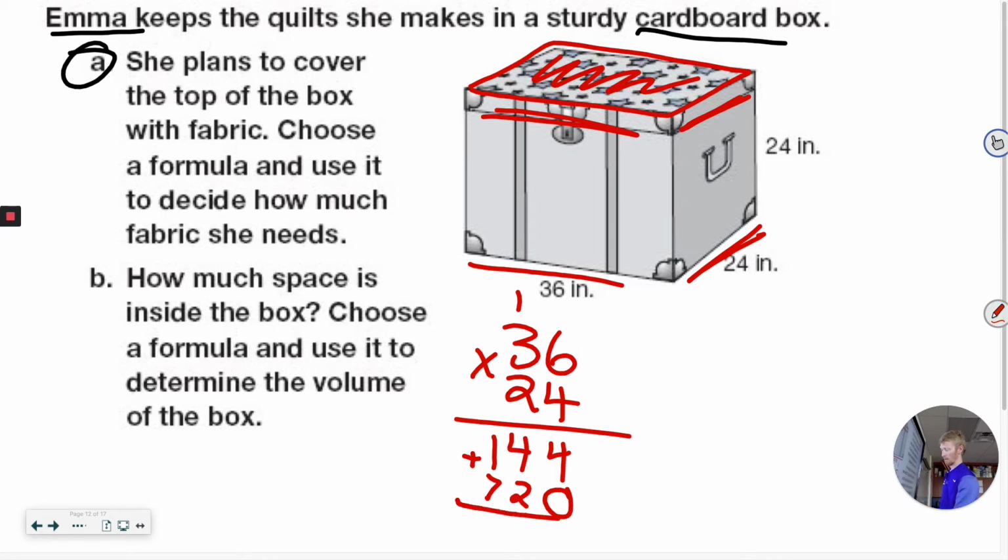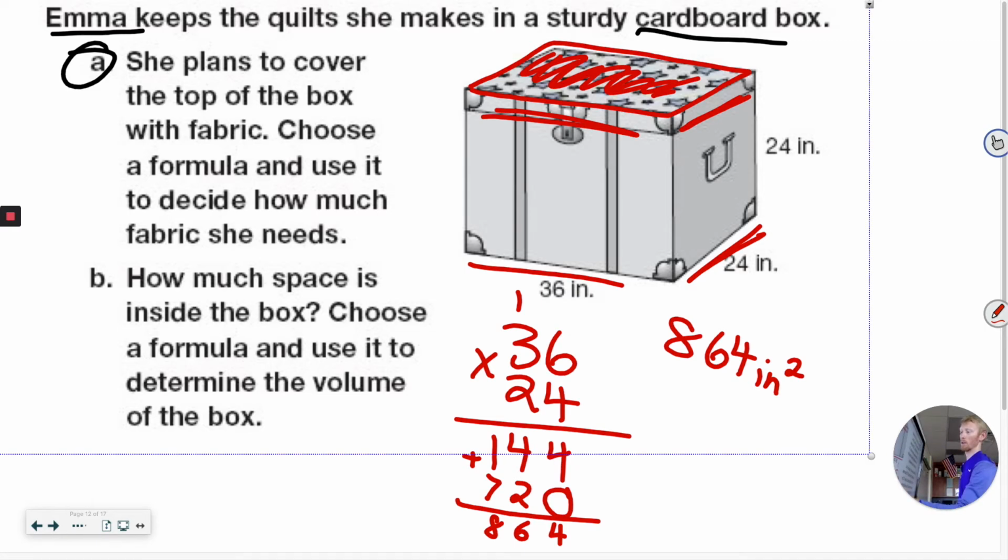And then I add those up. And that gives me 4, 6, and 8. So 864 inches squared, because I'm looking at area. All right, that's going to be an important number that we want to save for later. I'm going to put it up here, 864 inches squared.